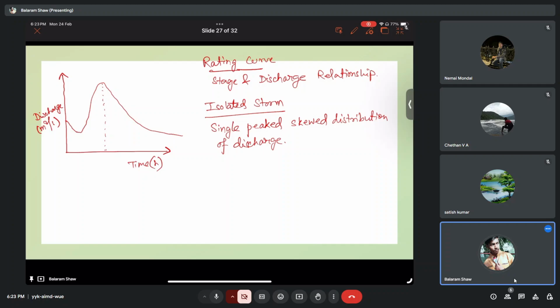Now you can see from the figure that this flood hydrograph has 3 main components. I'll change the color again. The first one you can see is the rising limb.